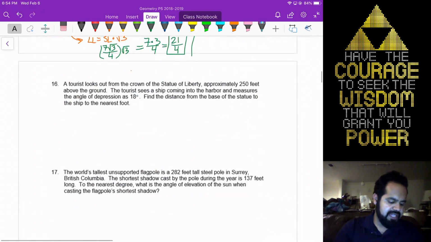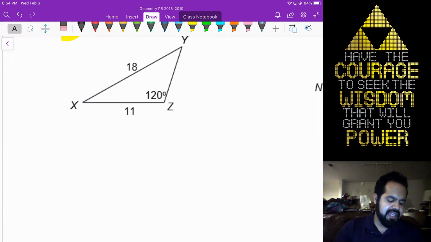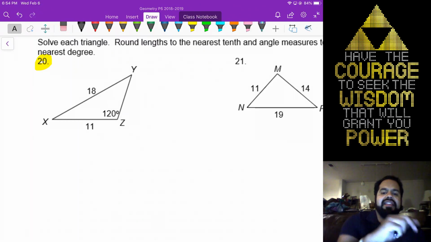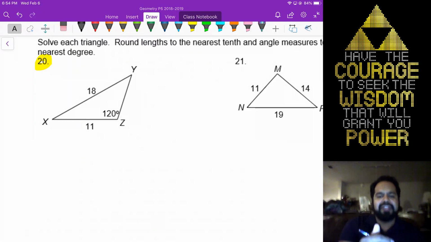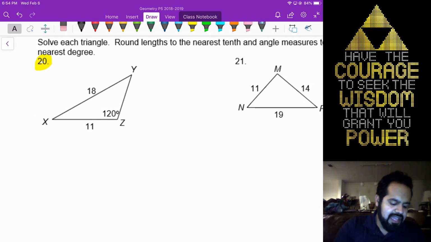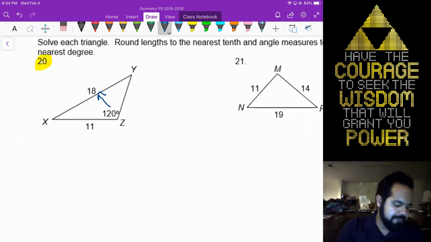All right, number 20. Ah, yes, the infamous non-right triangle. So we have to use either the law of sines or law of cosines. What's up, AJ? So check this out. I've told y'all that if you have an angle and you have the side opposite it, that's a big indicator for the law of sines.